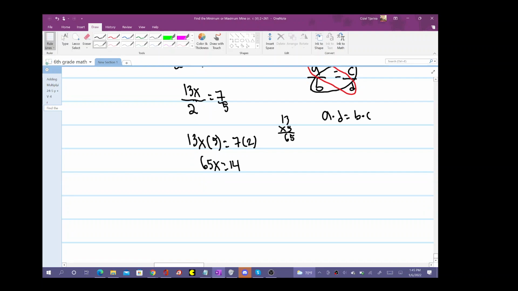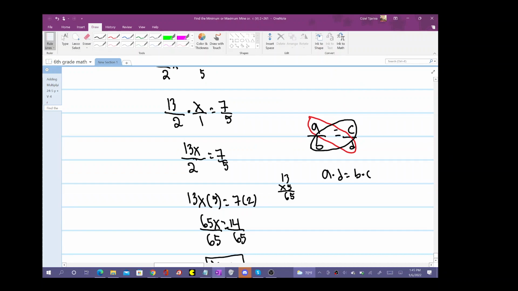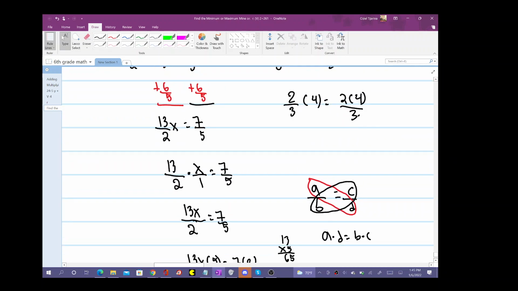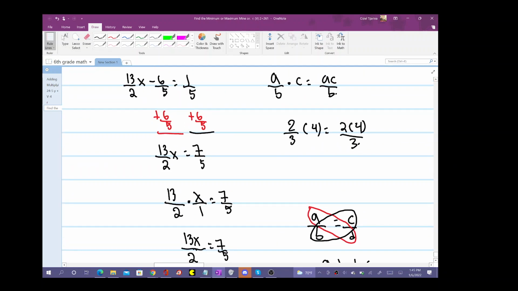Then we divide both sides by 65, because sometimes it simplifies. So 14 divided by 65. So x equals 14 over 65. This one was a little bit more tricky than the other ones. That is the first way that you can do it.